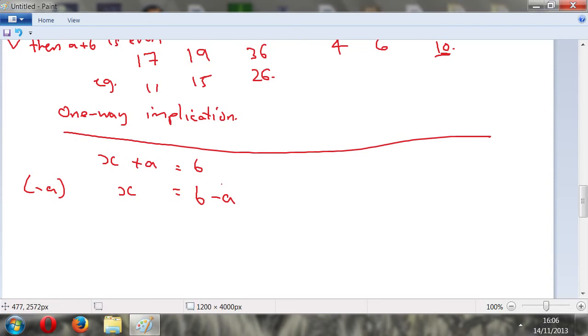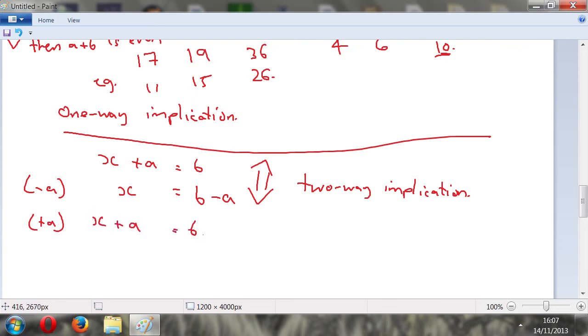So what we can say here is that this is a two-way implication, because we can get from one to the other. If we wanted to go back, we could add a. It doesn't matter which one you start from, similar to what I spoke about with the absolute value stuff, you're still going to get the same result. So it's a two-way implication.